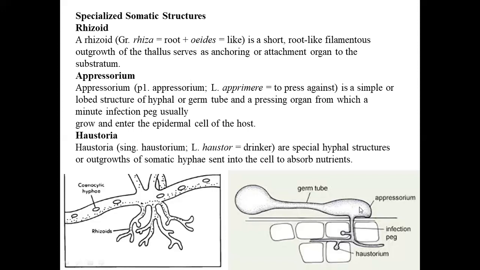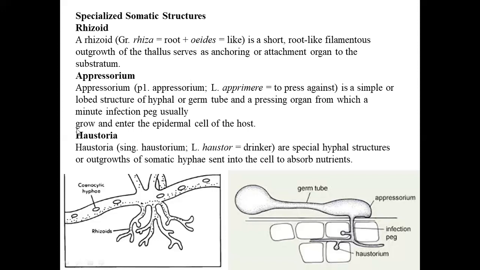That is known as the appressorium. Its main work is to enter the host and cause the infection. So this is about the appressorium that causes the entry in case of the fungus.